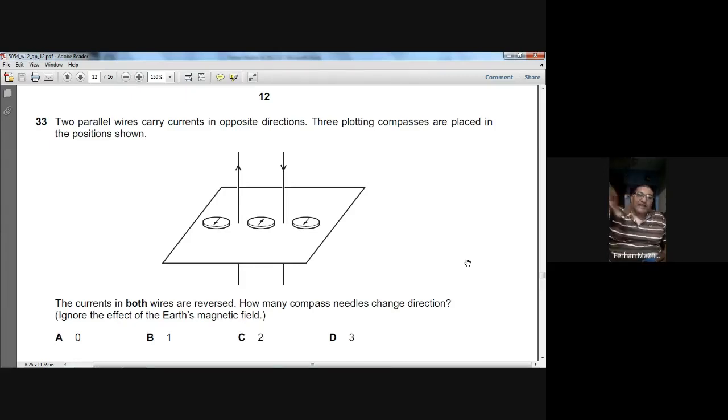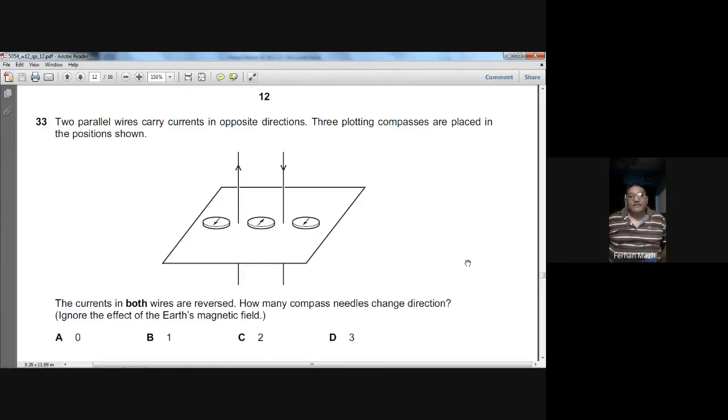So the magnetic field around it will be clockwise. So you can see the magnetic compass needles are showing clockwise. And the wire on the left side, its current is going upward. So use the right hand rule. And its magnetic field will be anti-clockwise.